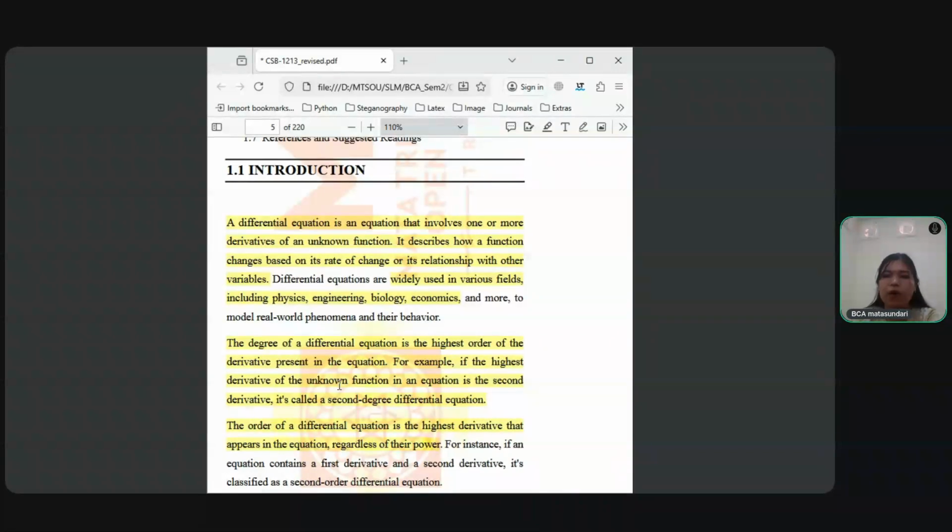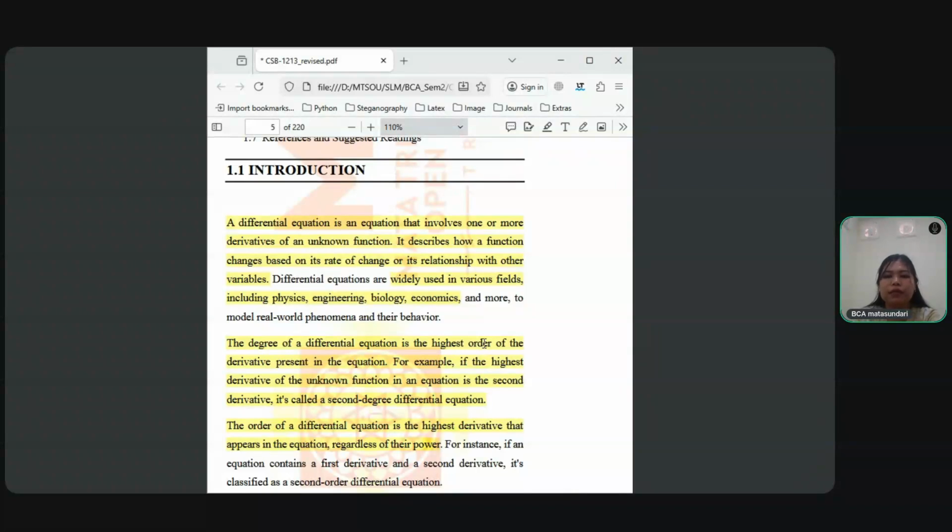It describes how a function changes based on its rate of change or its relationship with other variables. Differential equations are widely used in various fields, including physics, engineering, biology, economics, and more.